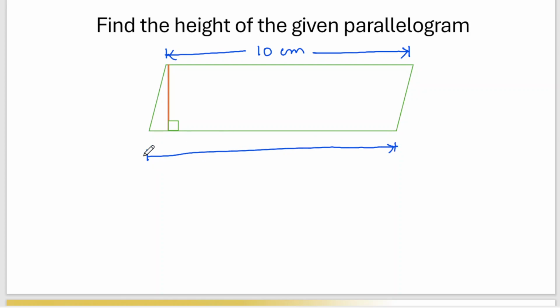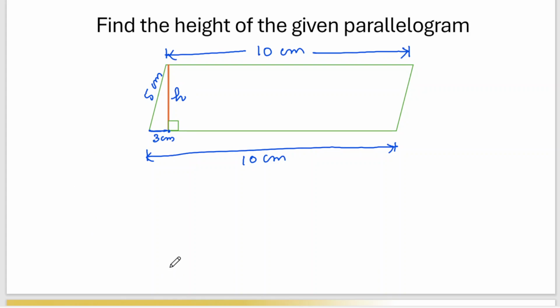Because it is a parallelogram. A parallelogram has opposite sides equal. Got the point? Now, they have given me this as 5 centimeters. And from here to here, they have given me 3 centimeters. Okay? Now, they are asking me to find the value of h.